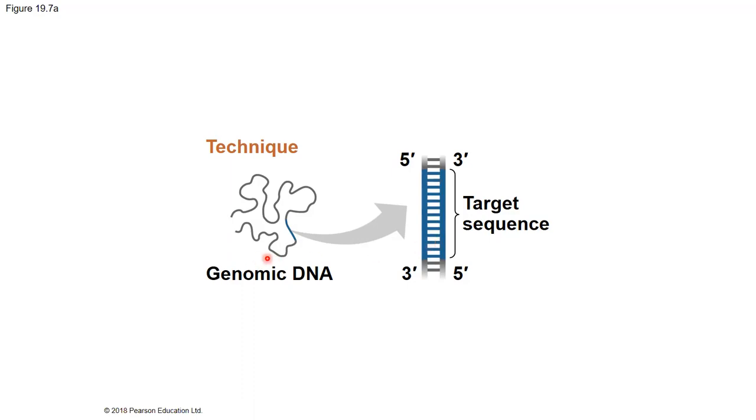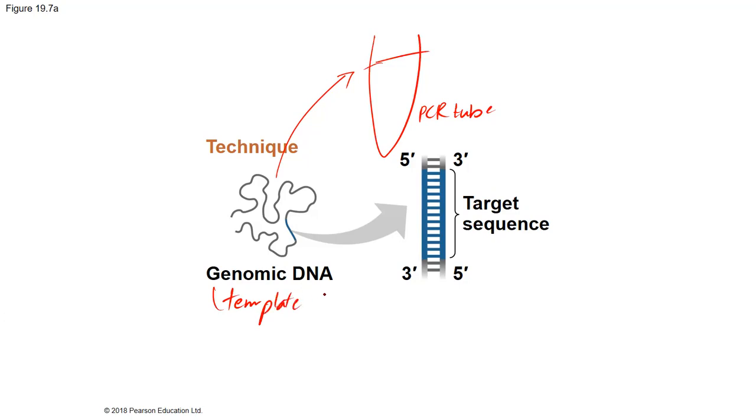Okay, so our template DNA would be genomic DNA. Typically we isolate genomic DNA. And again, just as a reminder, we put this genomic DNA inside the PCR tube. So this genomic DNA represents the template DNA.